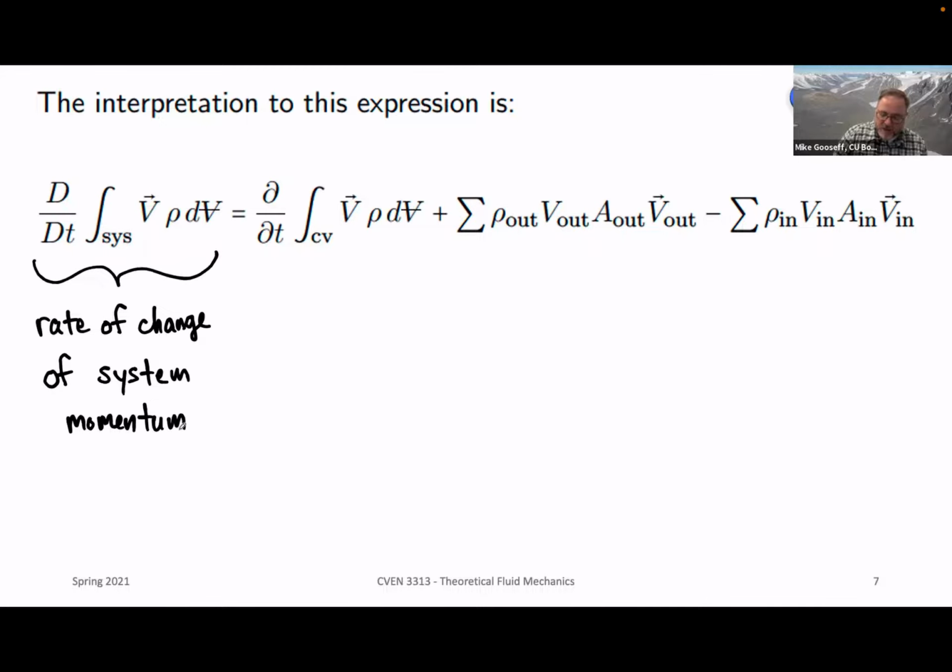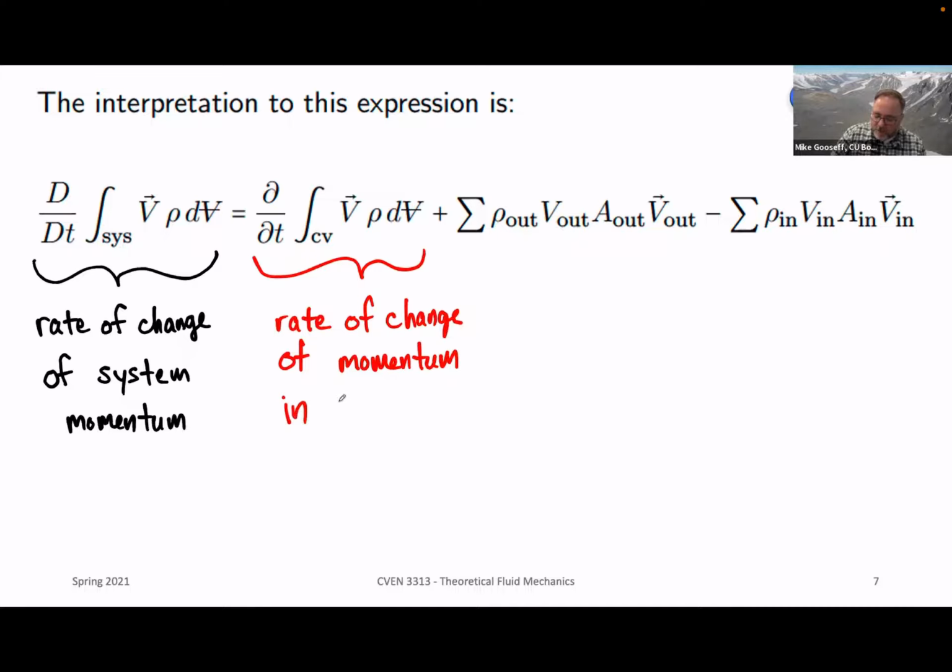Okay, or the system's momentum. Remember, the system is our mass of fluid that we care about. All right, and we're going to distinguish that from this first term, which is the rate of change of the momentum in the control volume.